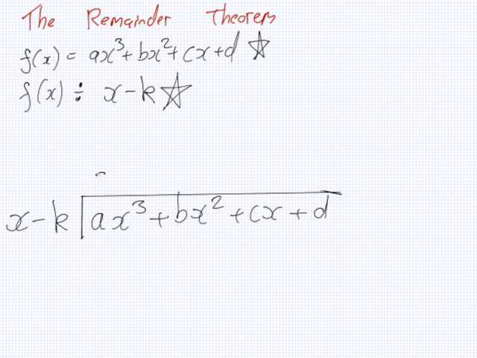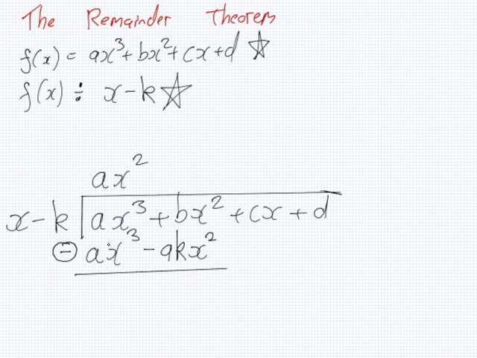So here we'll get ax squared, and this will be ax cubed. What's next? Minus akx squared. Okay, so that's okay so far. Then when I minus, these cancel, and I'm left with (b plus ak) x squared. Yes. Plus cx plus d.